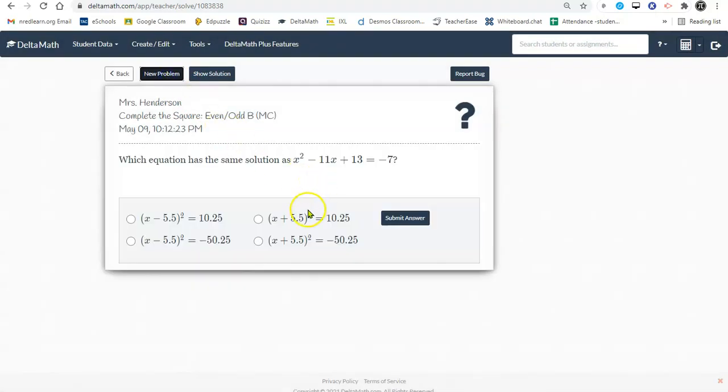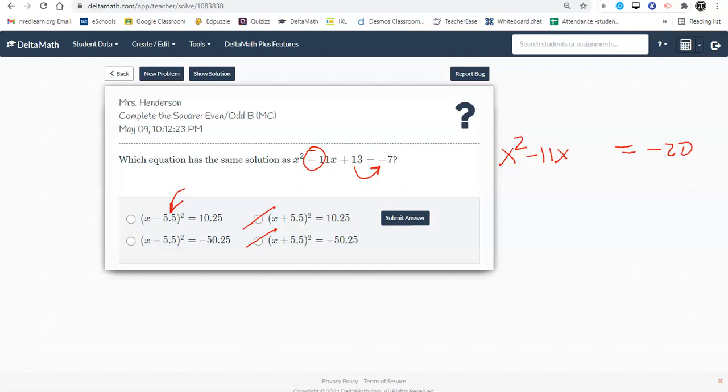So again, the first thing you can do is identify that the middle value here is a negative. So that's out and that's out. It looks like I don't even need to do the math. I know it's going to be 5.5. But remember, you're adding that to both sides. You're adding the square of that. So x squared minus 11x equals negative 20, because I moved this 13 over.